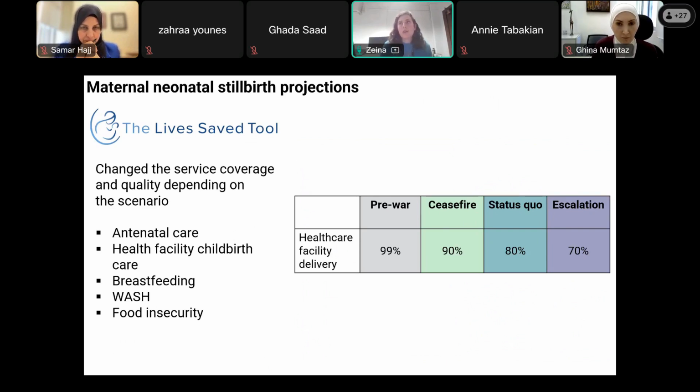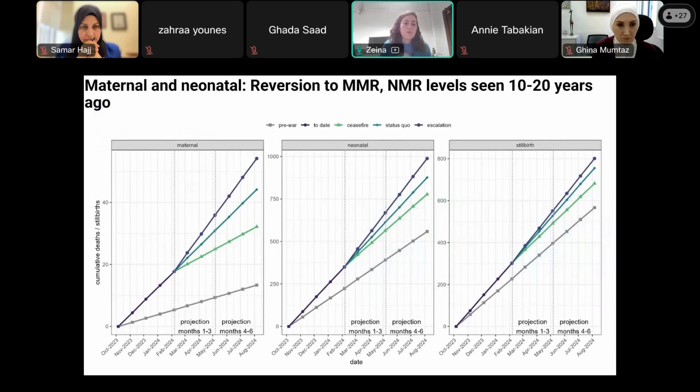This model is available and has been used a lot by Hopkins and others, and it's very straightforward to do. This was the only model that we didn't have to create from scratch. It uses the Lives Saved Tool, but what we look at is how many lives were actually lost. We find, in gray, how many would have died from before the war.